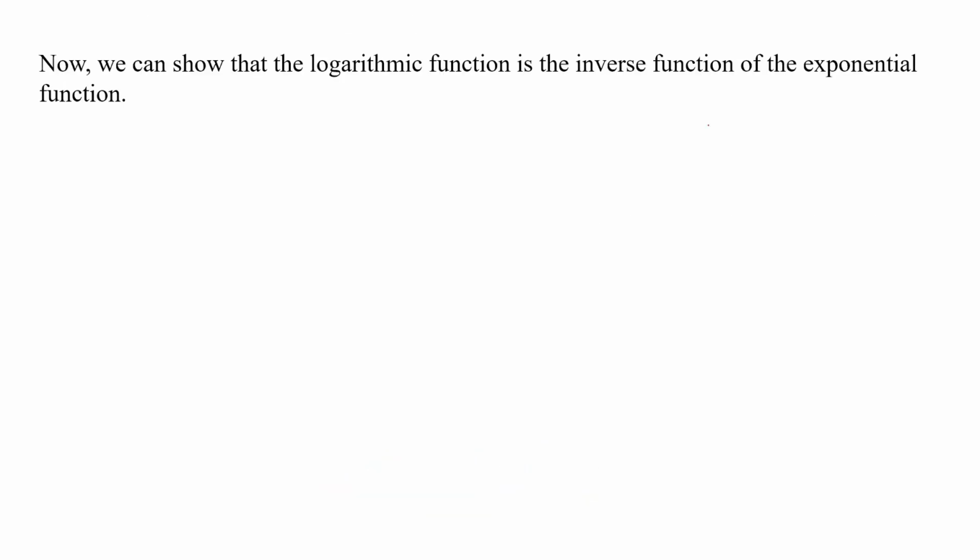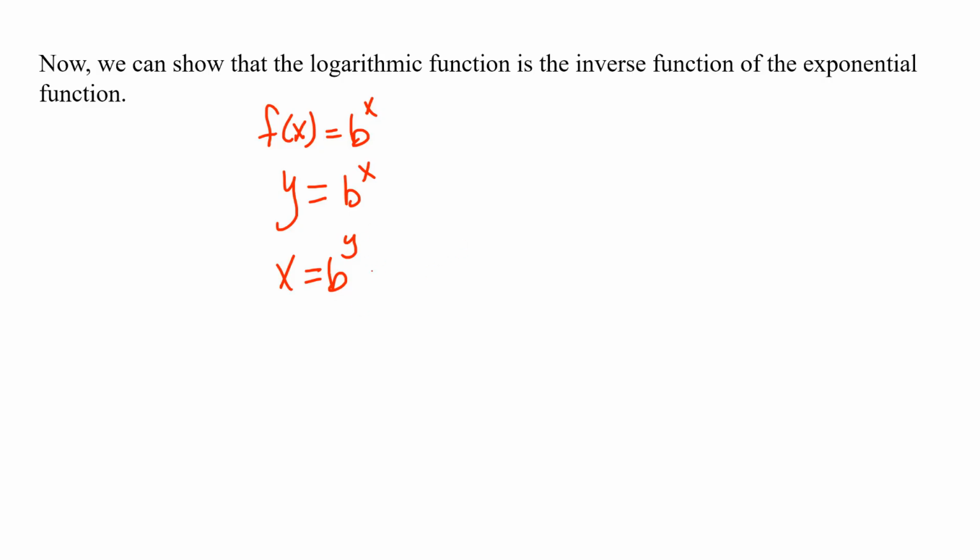All right, so now we can show that the logarithmic function is the inverse function of the exponential function. So the exponential function, remember, is f of x equals b to the x. And if we were to find the inverse of that, we would make it y equals b to the x. And then we'd swap the x and y, x equals b to the y. And then we would try to solve for y.